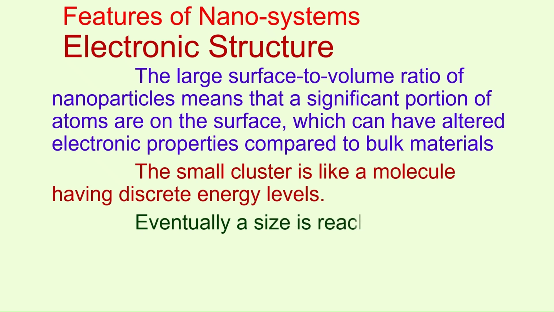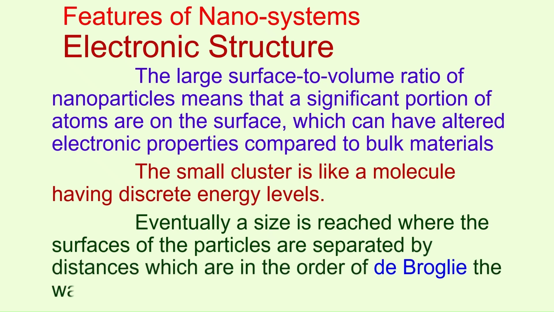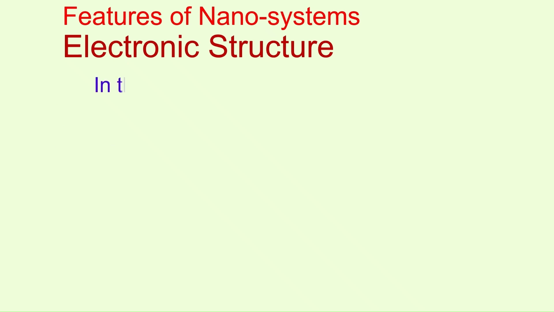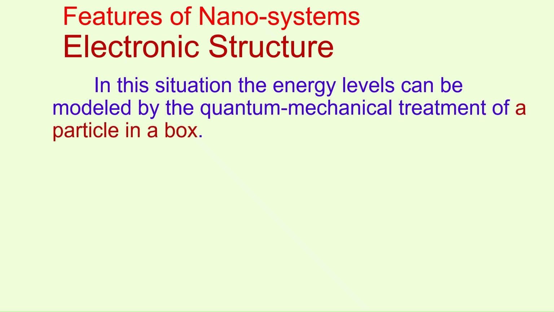Eventually, a size is reached where the surfaces of the particles are separated by distances which are on the order of de Broglie wavelengths of the electrons. In this situation, the energy levels can be modeled by the quantum mechanical treatment of a particle in a box.